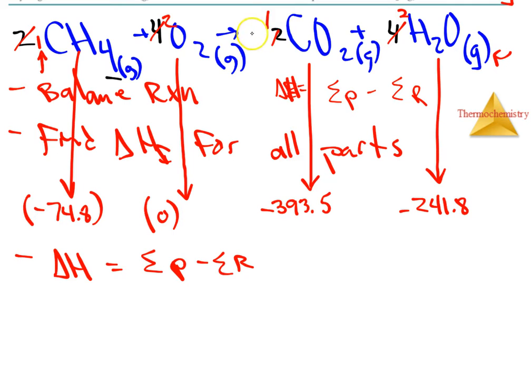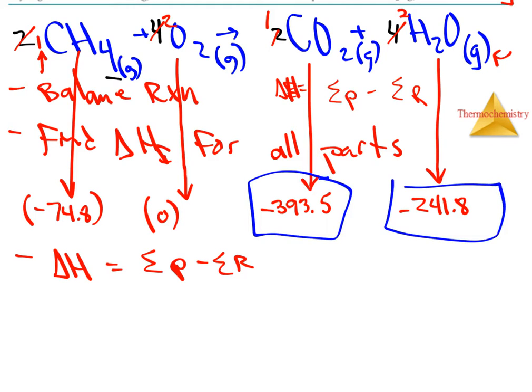All right. So the products are over here, correct? We have to apply the coefficients to these values. So there was one 393, right? And how many 241s? 2. So I'm going to write this out really technical. I want the sum of the products. So I'm going to take 1, and I'm going to multiply it by negative 393.5.